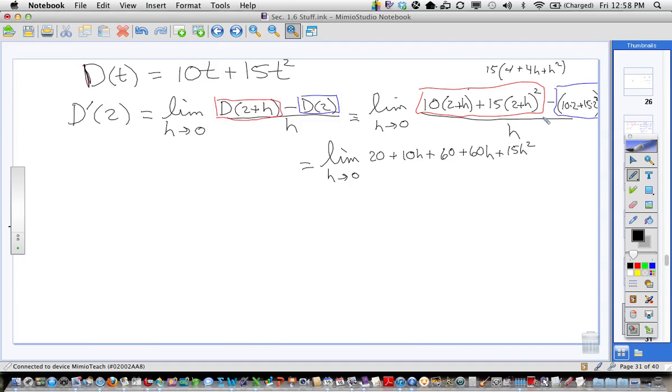So that's all the red part right there. Got to FOIL that, distribute the 15, and distribute that. And now I've got a minus, and what did you guys say that was, 80? 15 times 4 is 60 plus 20, that'd be 80, right? So the blue part is just 80, all over h. All right.